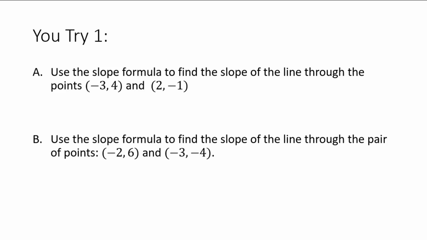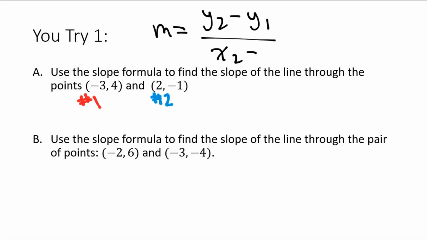Go ahead and pause the video and try these two on your own. Now that you've done that, let's do them really quickly together. I'm going to label this point to be my number 1 and this point to be my number 2, and m equals y2 minus y1 over x2 minus x1.